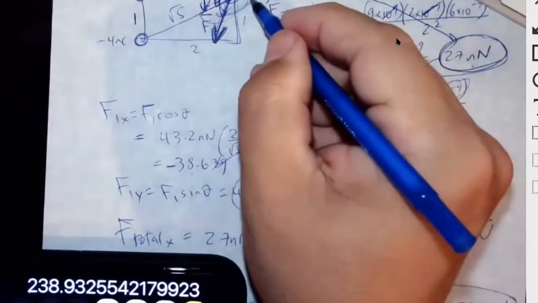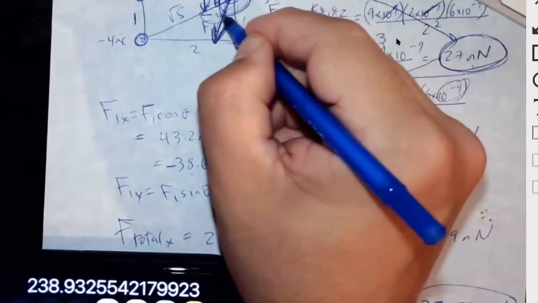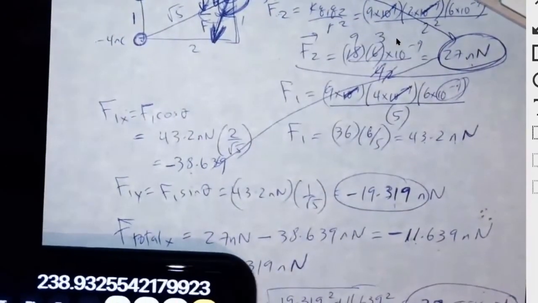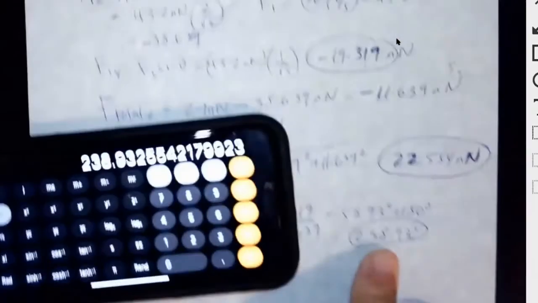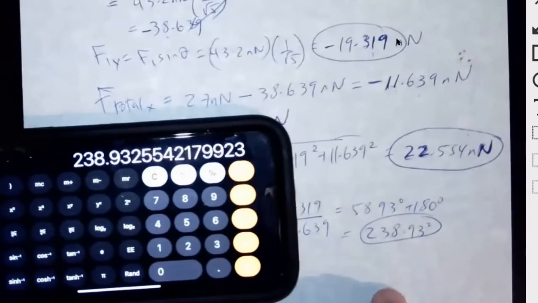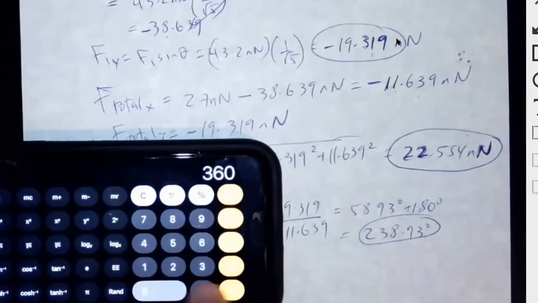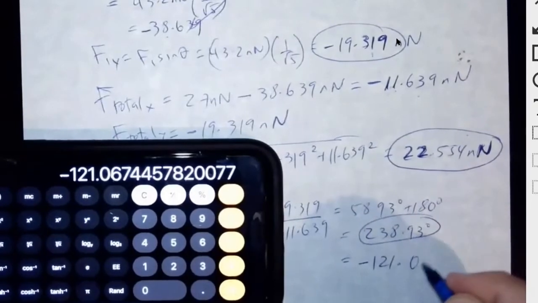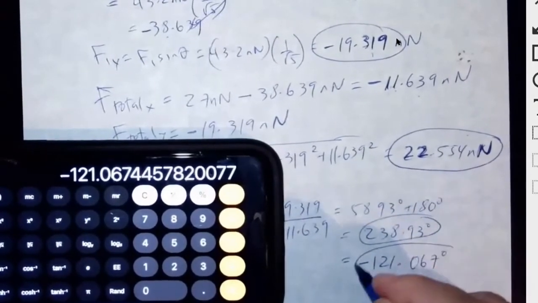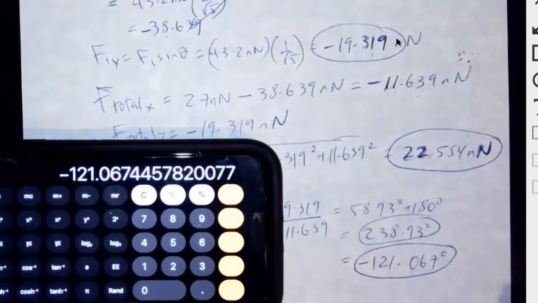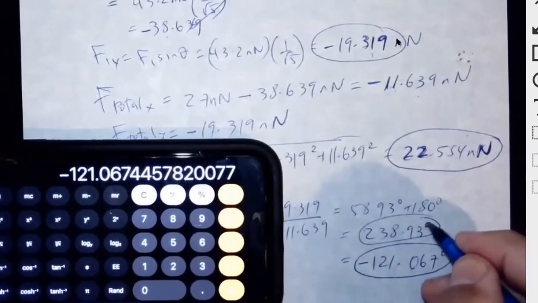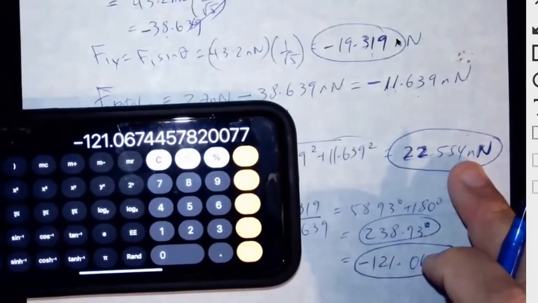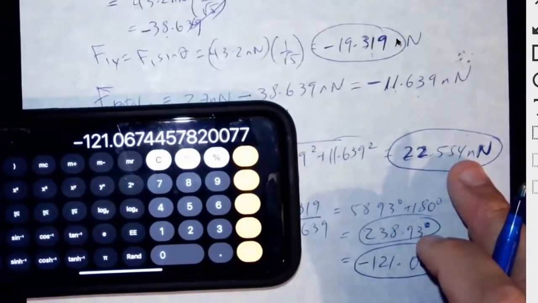Or if we wanted to do it the way that they did it, they would give this guy, right? So from the 360, we could subtract 238 minus 360, negative 121.067 degrees. So 238.93 degrees or negative 121 degrees, and the total force felt by that third charge in the corner is 22.554.